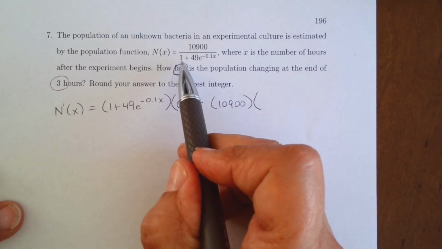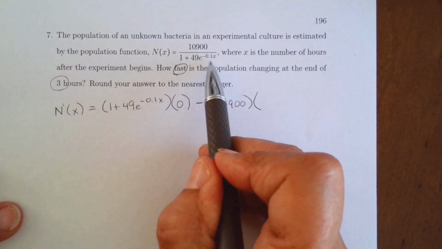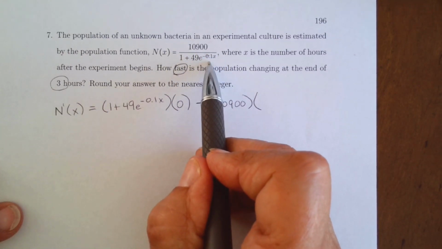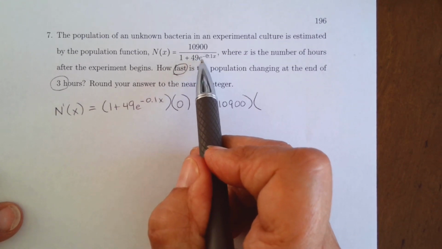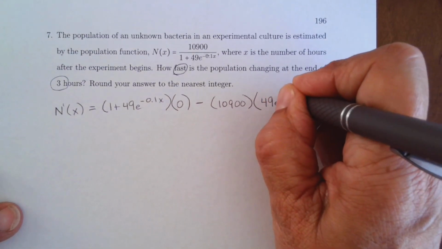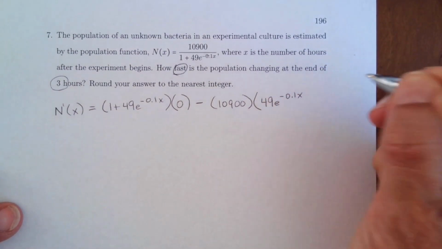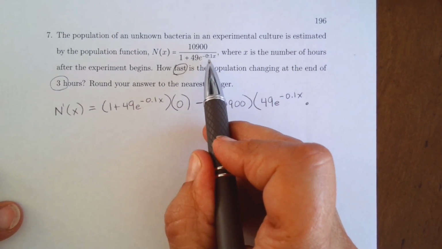All right, now the bottom, this is a power rule, so the derivative of 1 is 0. So really you're just taking the derivative of this. So that's a constant. So the derivative of 49e to the negative 0.1x is 49 e to the negative 0.1x, then times the derivative of the exponent.